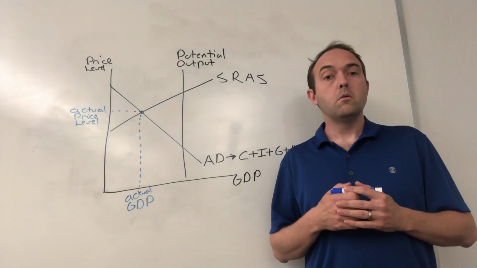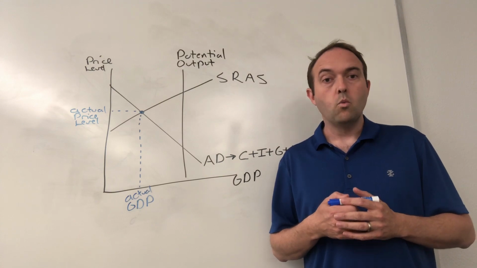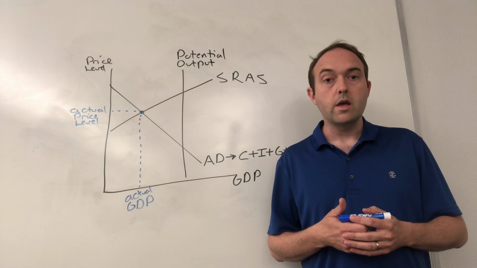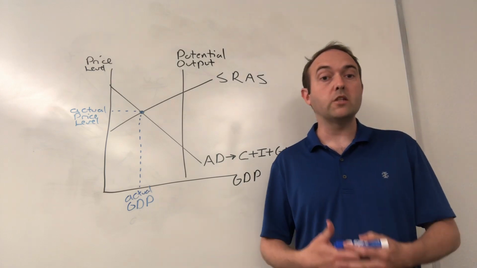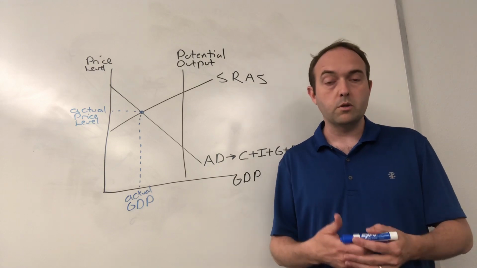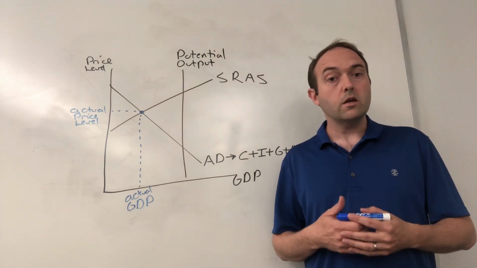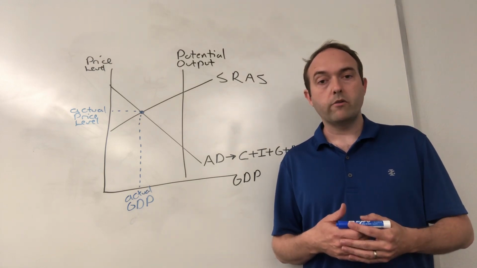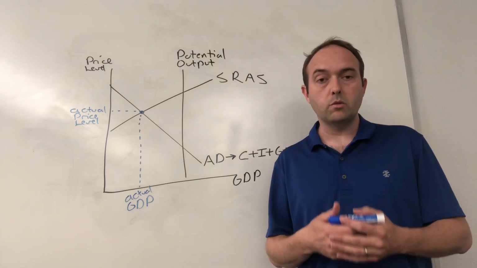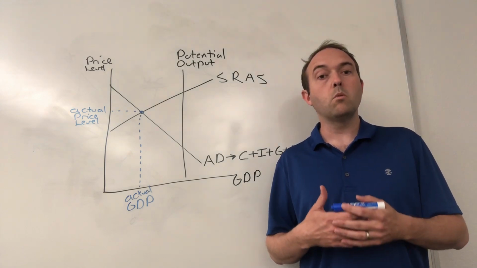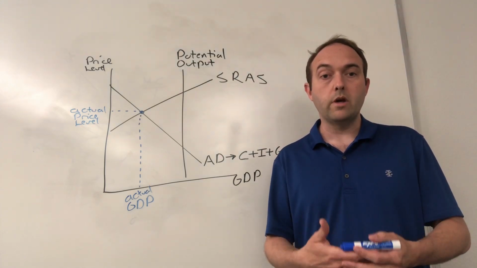So, with monetary policy, what the federal government through the Federal Reserve Bank will typically do if it wants to create expansionary monetary policy, which is what it would do if it wanted to reduce unemployment, is increase the money supply. So if the federal government increases the money supply, an effect is going to be that banks have more money available to lend.